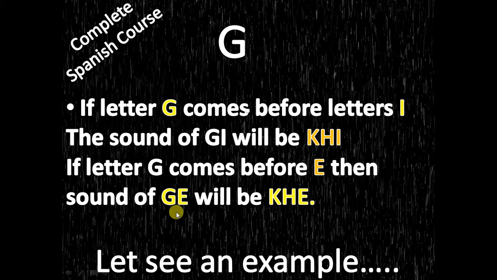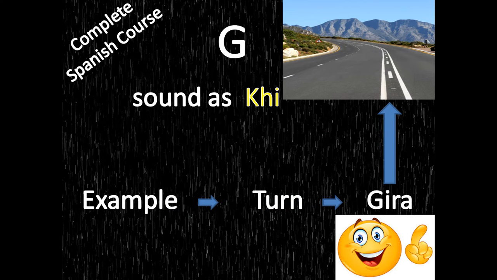So the sound of GE will be K. So the example of letter G as a sound of key is turn. In Spanish we call it khirra. Khirra means turn, like a road turn is called khirra.